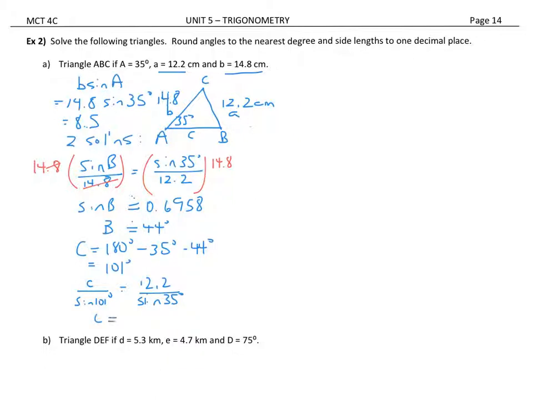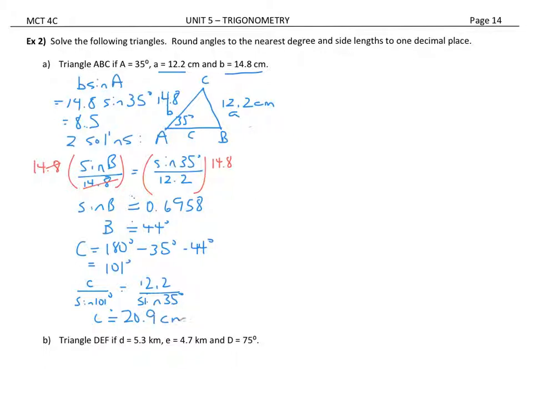And then when I multiply both sides by the sine of 101, I end up with about 20.9 to 1 decimal place.